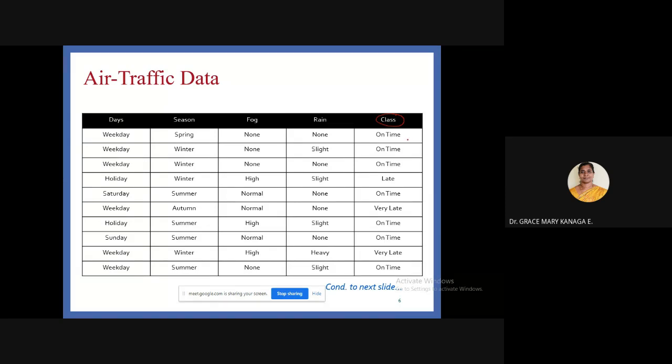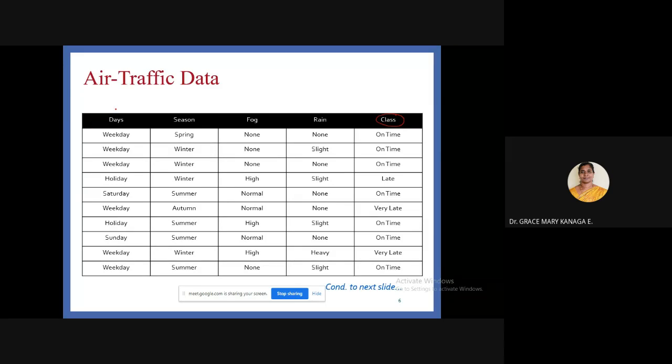What are the possible classes? The flight may arrive on time, late, or very late. These are the three class labels: on time, late, and very late. Based on the attributes, the class is decided.